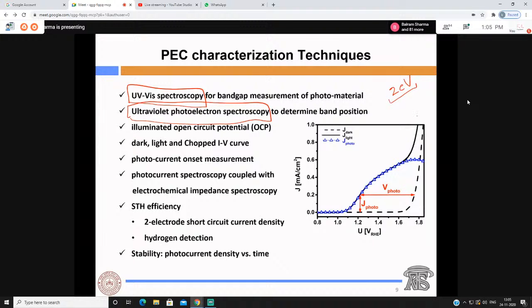Once we have the valence band position, 2 electron volt up we will have the conduction band position. Now we have the positions and the difference. We need to check whether these positions are suitable for hydrogen and oxygen evolution reactions or not. If so, we will proceed further.